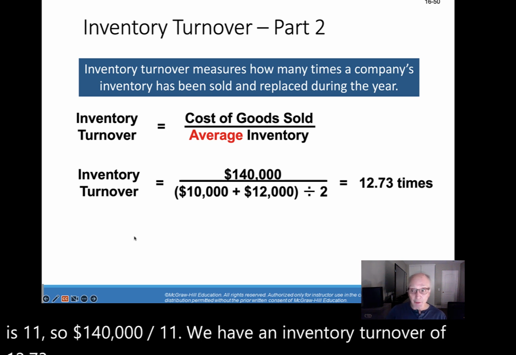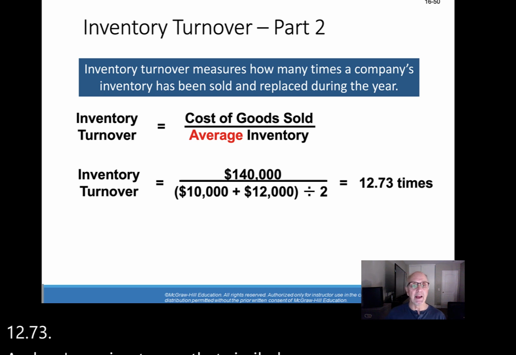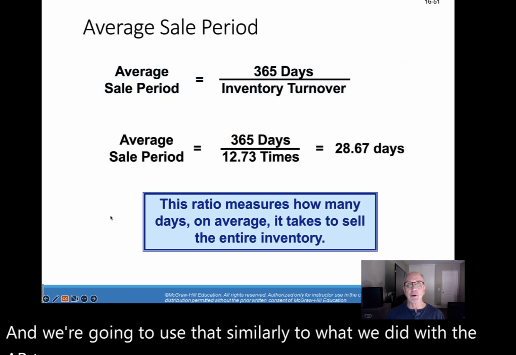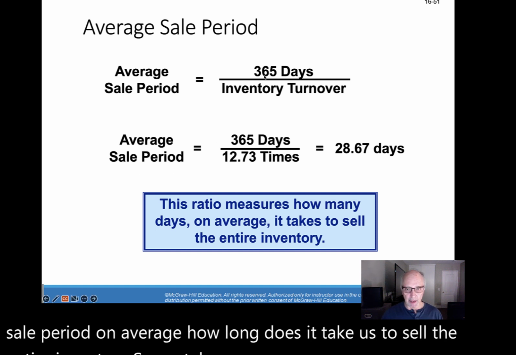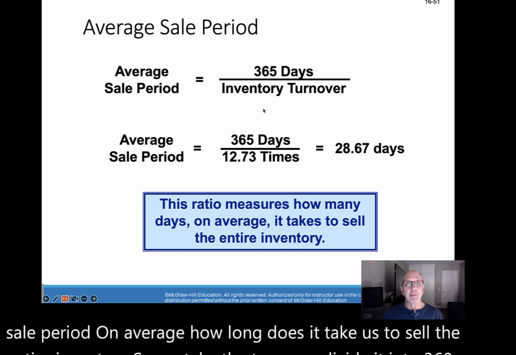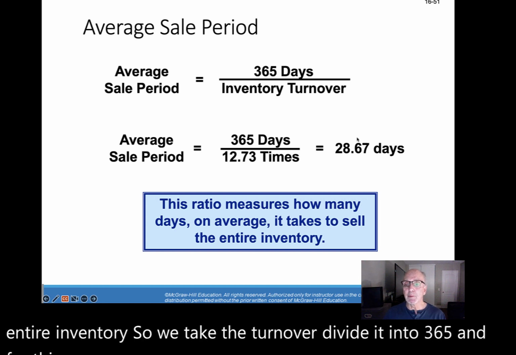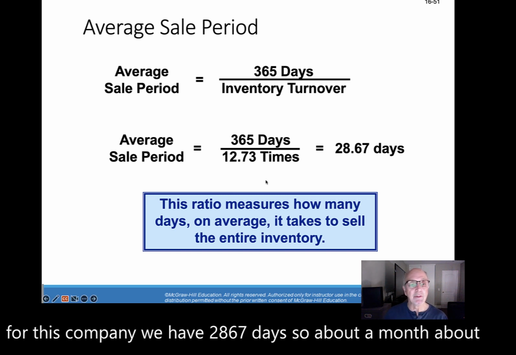And we're going to use that similarly to what we did with the AR turnover number. We're going to go look for an average sale period. On average, how long does it take us to sell the entire inventory? So we take the turnover divided into 365, and for this company, we have 28.67 days. So about a month to completely sell the inventory.